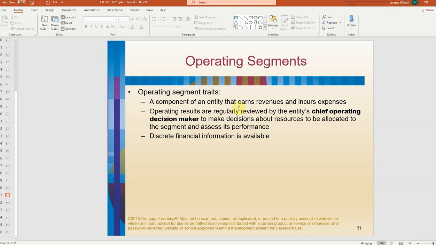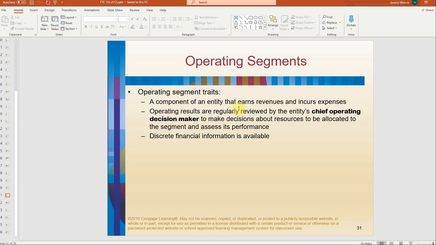If you have a company with different divisions, maybe you define a segment as each one of your divisions. Maybe you have different locations, and so your segment can be on a location basis. Maybe you have different product lines, and so each product line can be a segment. Whatever makes sense for your business, you're going to have a lot of leeway and discretion on how you want to set that up.